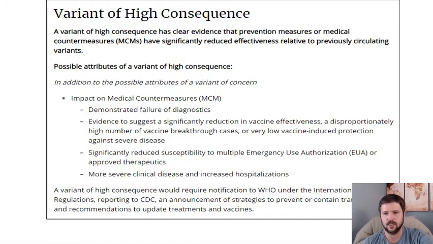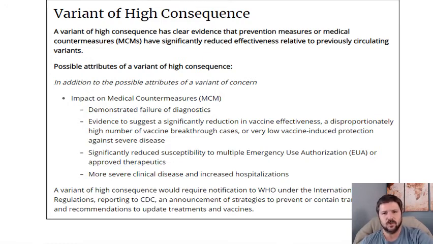This would be something where preventative measures, medical countermeasures have significantly reduced effectiveness relative to previously circulating variants. So this is something where all of a sudden medical interventions are not working as well, right?